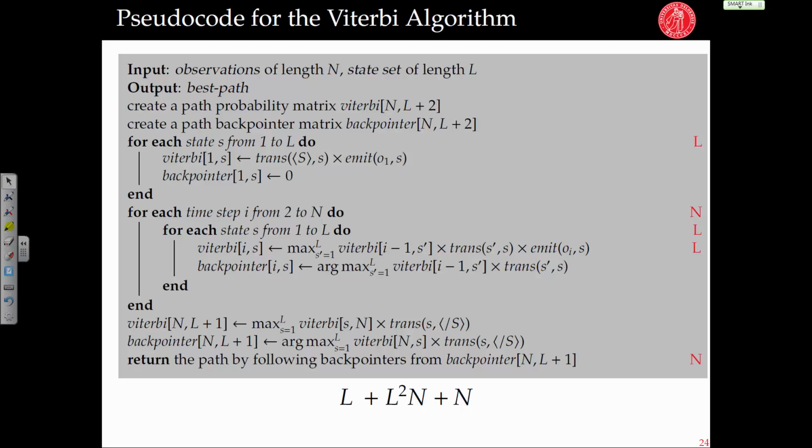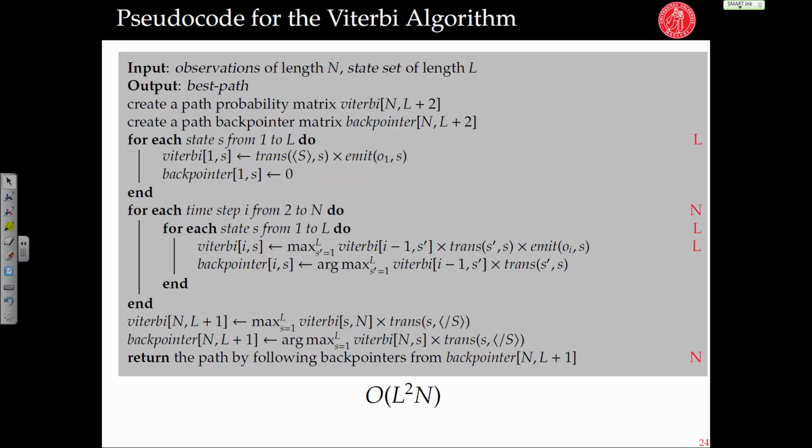So in big O notation, this would have a complexity of L squared multiplied by n. It grows quadratically by the number of tags in our tag set, the 45 tags in our Penn Treebank tag set, and linearly in terms of the input sequence or observations.